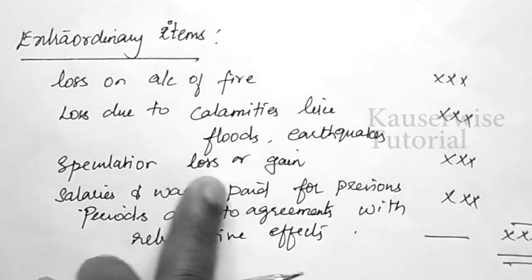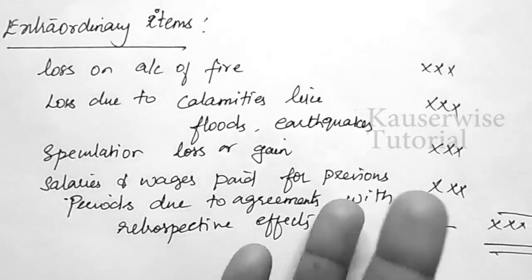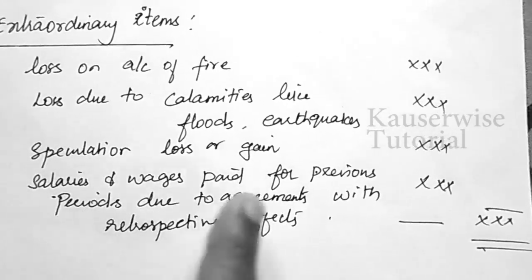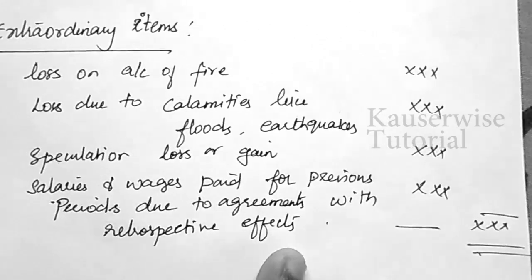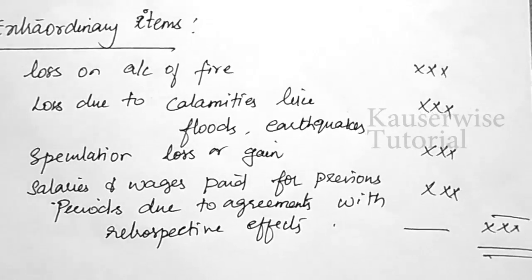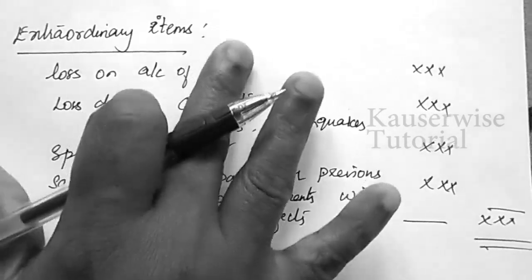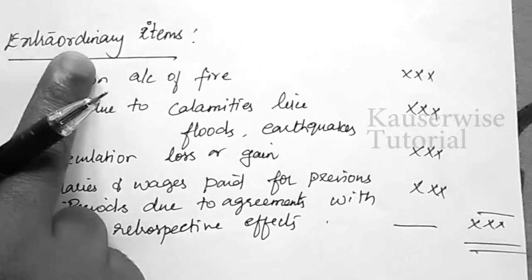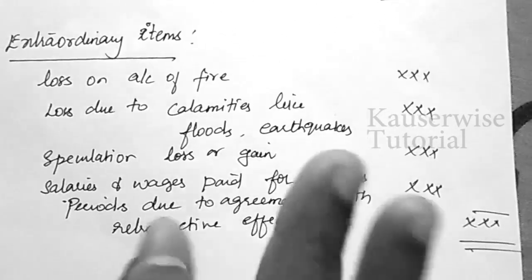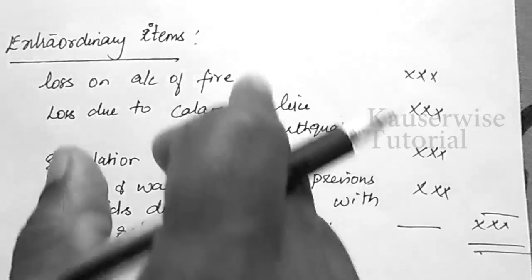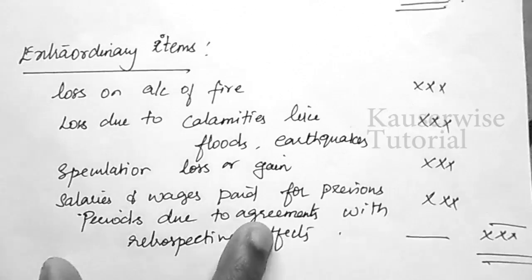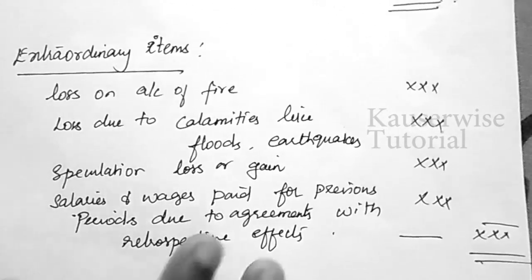In the same way, speculation loss or gain is also unusual. And salaries and wages paid for a previous period due to agreements with retrospective effect. If there is any retrospective effect which you have paid, that will be adjusted here. So all these items are called extraordinary items. These are all unusual transactions. If you find any unusual or extraordinary item in the trial balance, that will be subtracted from the profit in the statement of profit and loss.